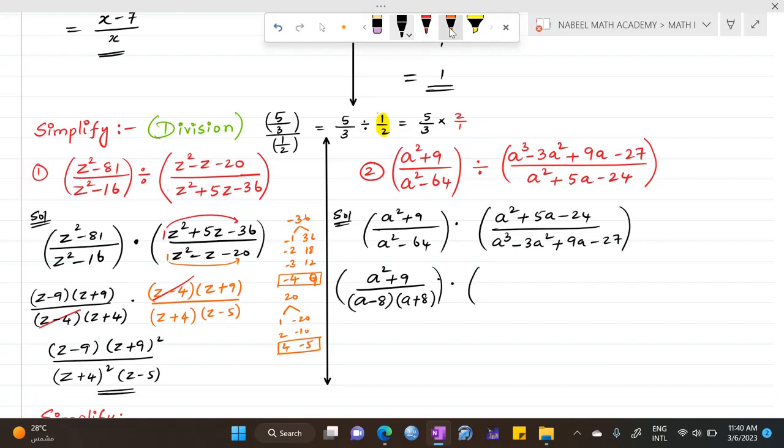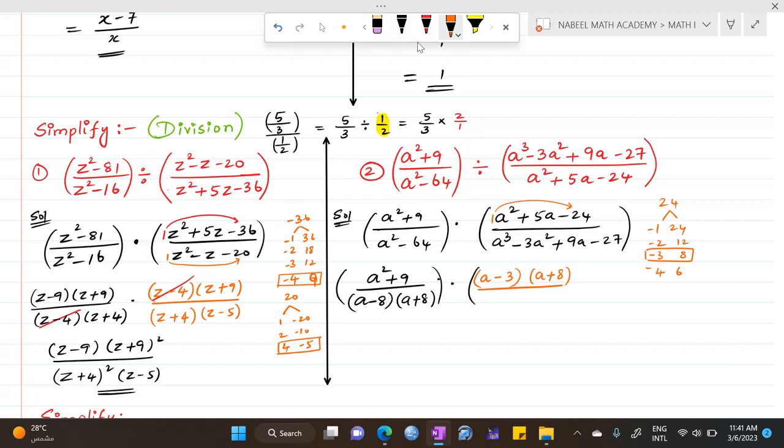Now, what is the factoring in the numerator? 1 into 24, 2 into 12, 3 into 8, 4 into 6. So the small number is minus, and this one is correct. If you multiply, you will get 24, and if you add, you will get plus 5. So you have a minus 3 and a plus 8. And here you have to go with the GCF.